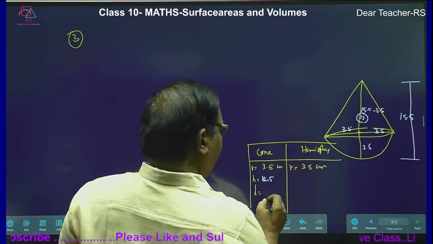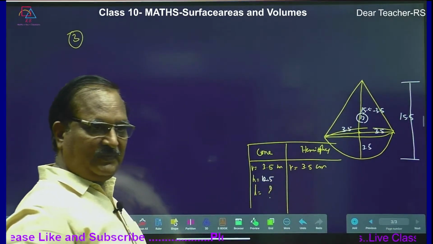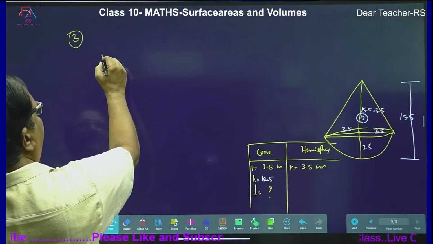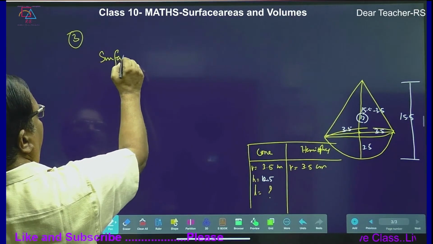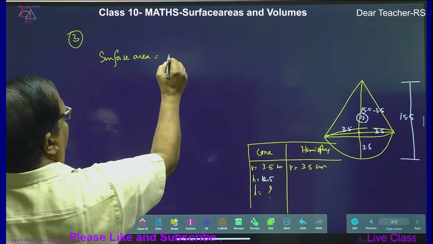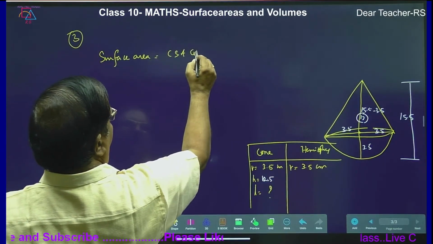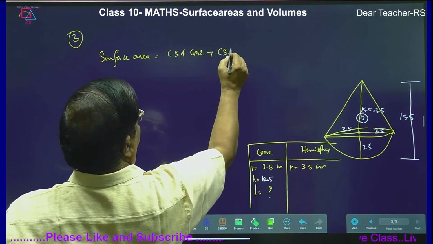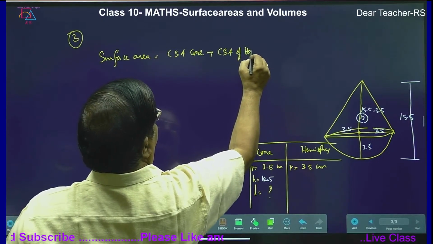So now we should find out L. Why? Surface area is equal to CSA of cone plus CSA of hemisphere.